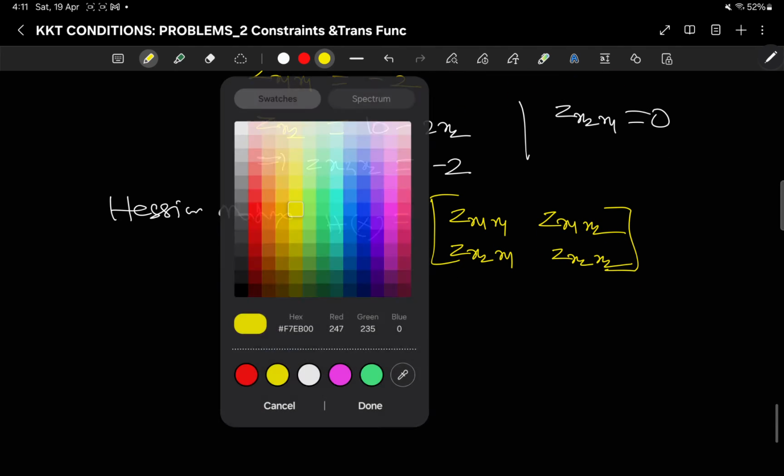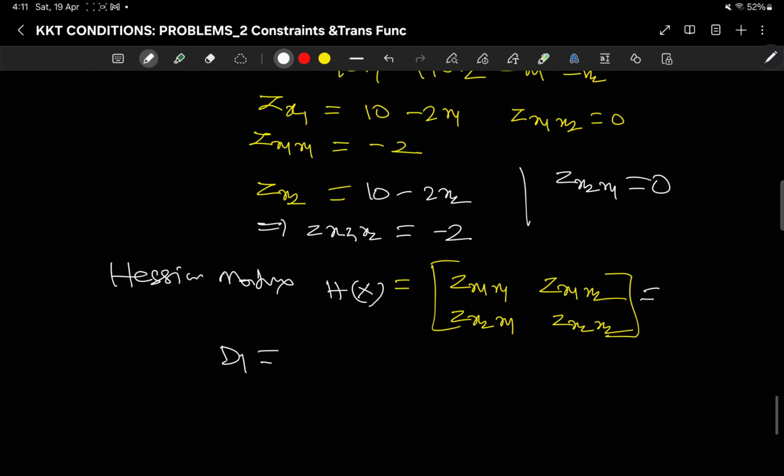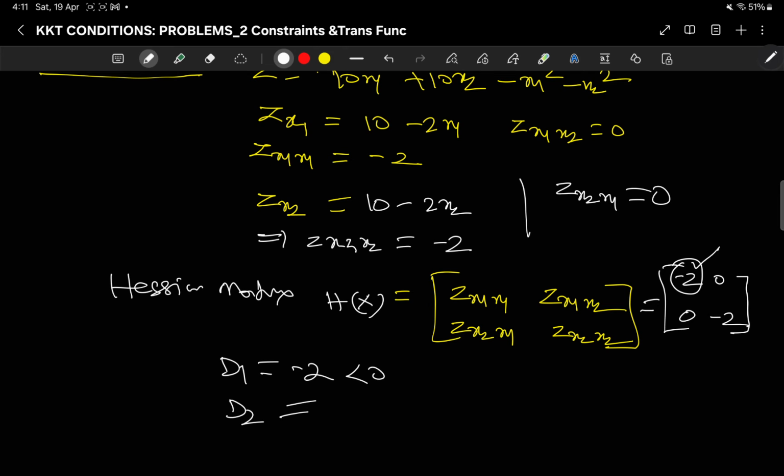What is my d1 now? Sorry, this matrix here is minus 2, 0, 0, minus 2. So d1 is minus 2, negative. And d2 is the determinant, the second order principal minor, which is equal to 4, positive.